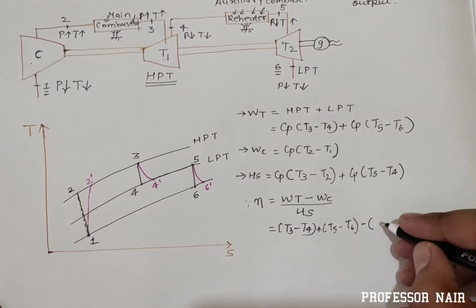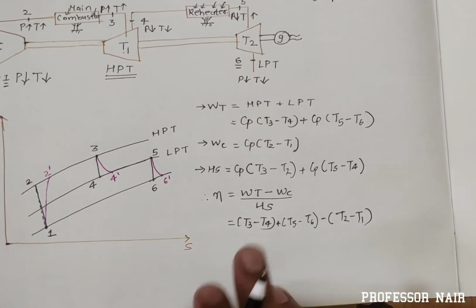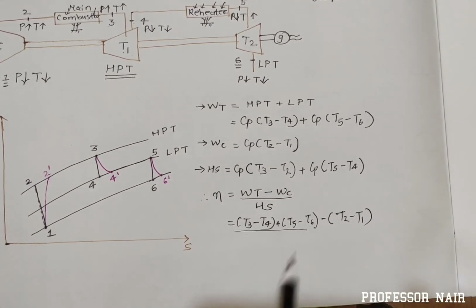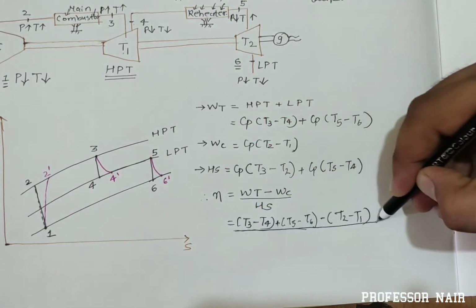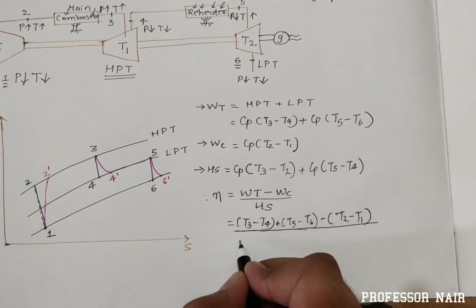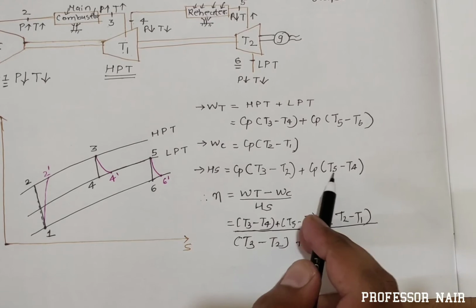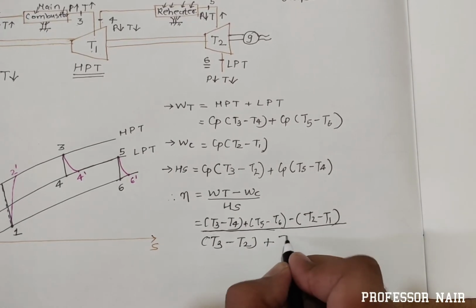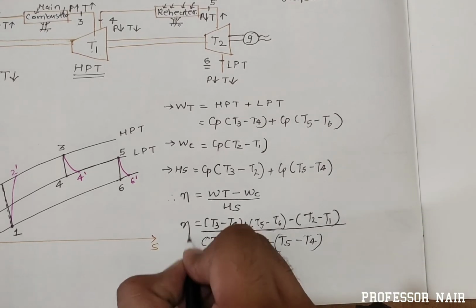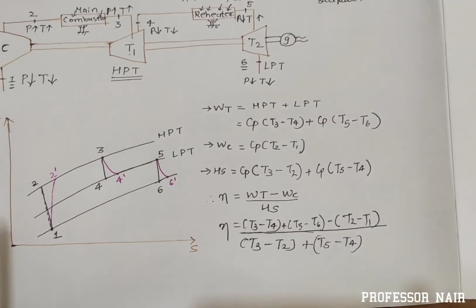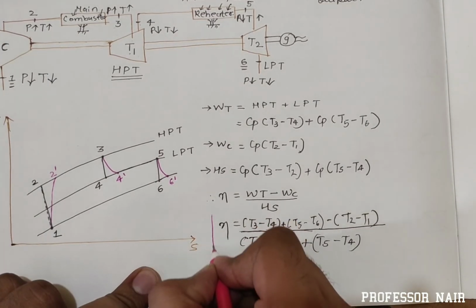Work of compressor is (T2 minus T1) upon heat supplied. Okay, so just a second. So heat supplied, when Cp gets cancelled, is (T3 minus T2) plus (T5 minus T4). So this is the efficiency for the reheating process, dear students.